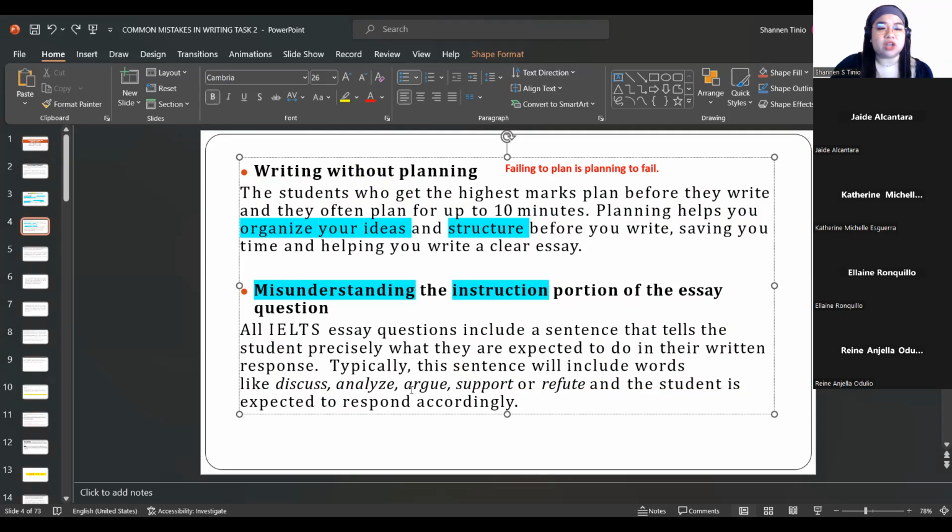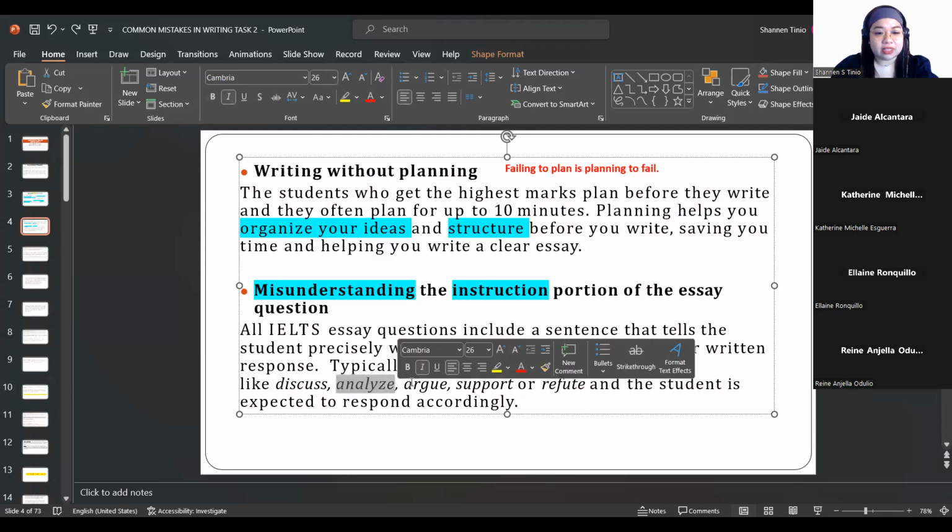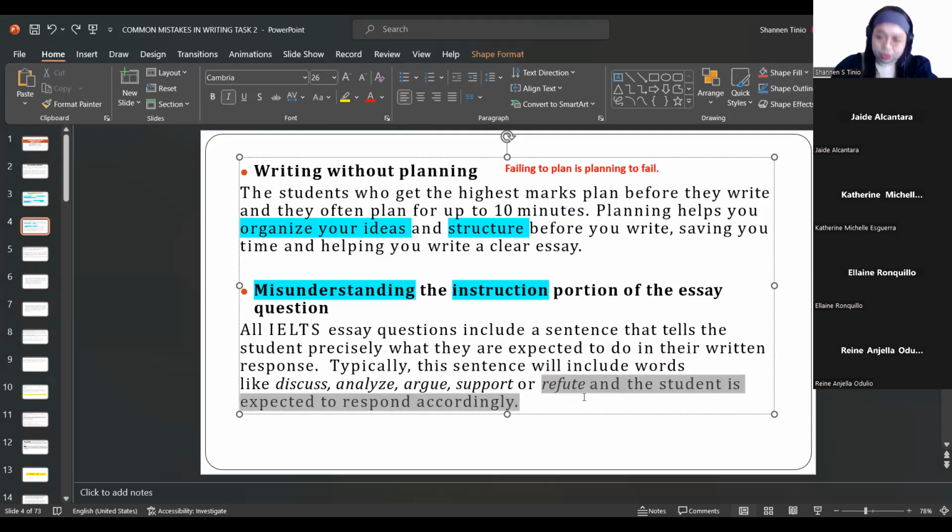In most case scenarios, the instruction in a test will include words such as discuss, analyze, argue, support, or refute. So ngayon pa lang, i-google nyo na yan. Ano ba ibig sabihin ng analyze? Ano ba ibig sabihin ng refute?